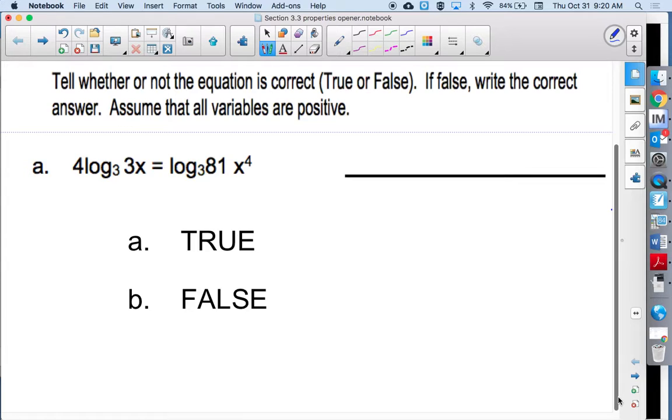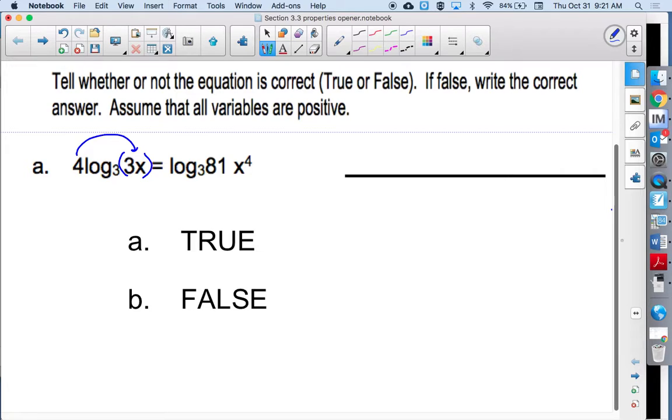True or false? True. I think it's true. All right, so let's think, why is it true? What do you do with the 4 in front? Whatever it is, the 4 in front goes to whatever's after the log. This really has invisible parentheses around it, because that right now is connected with the log.